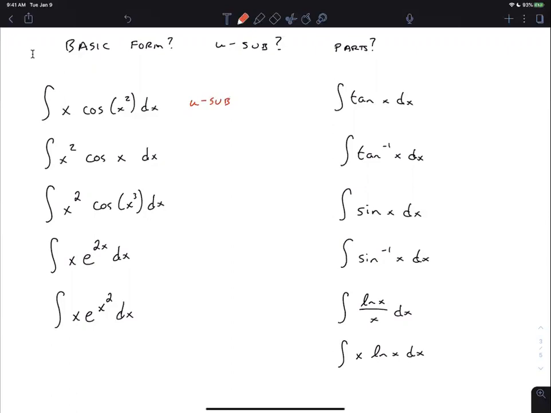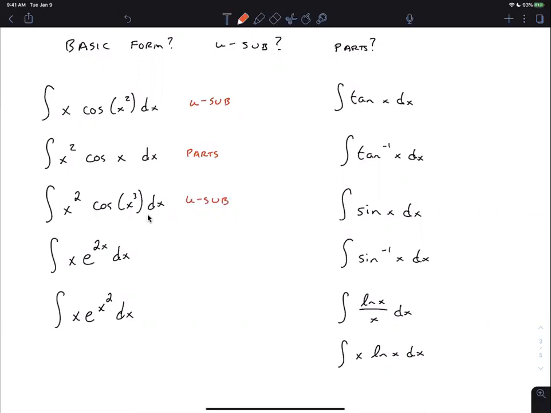Parts, good. And so parts where you're going to end up having to do it twice. If you go through u equals x squared and you do that setup twice, cosine is going to cycle: sine, cosine, sine, cosine. But doing it twice, x squared will drop from x squared to x, and then it'll just drop off. On the next one, what would we do? U sub. So u would equal x cubed. Everybody clear on those three?